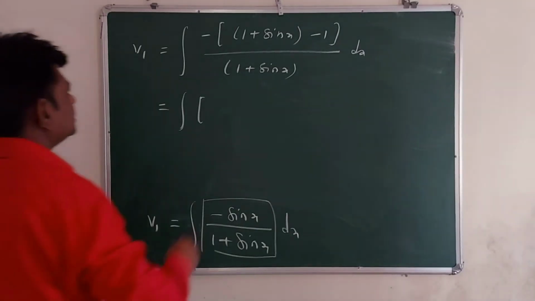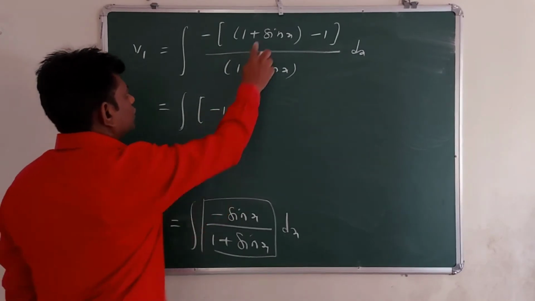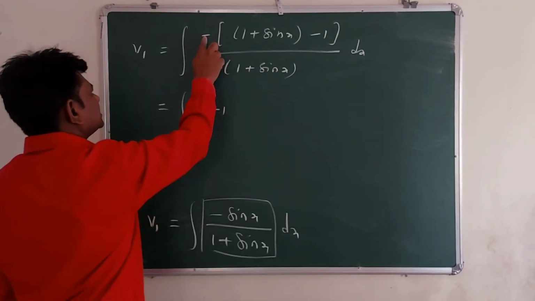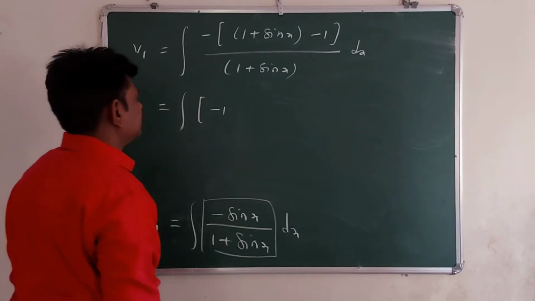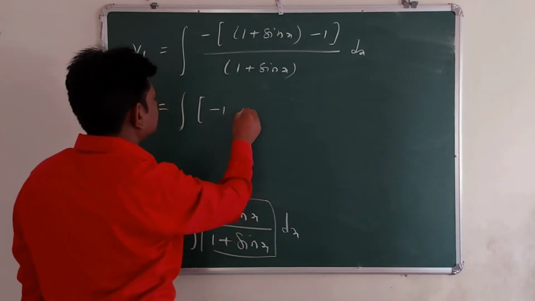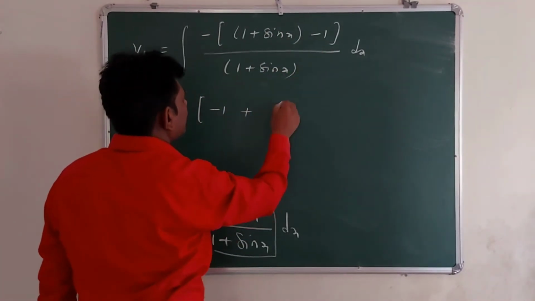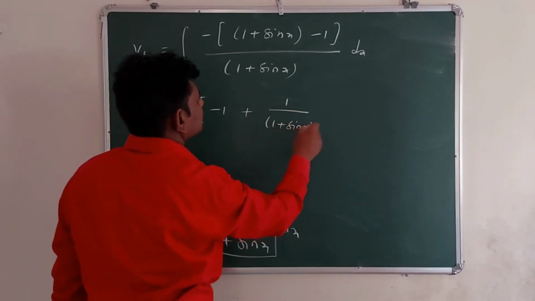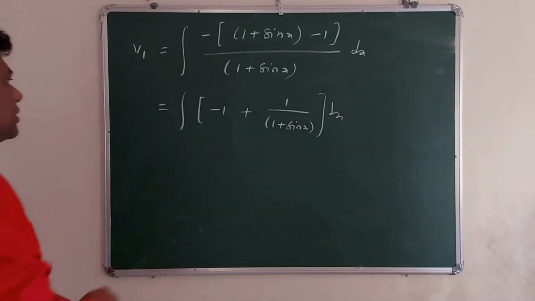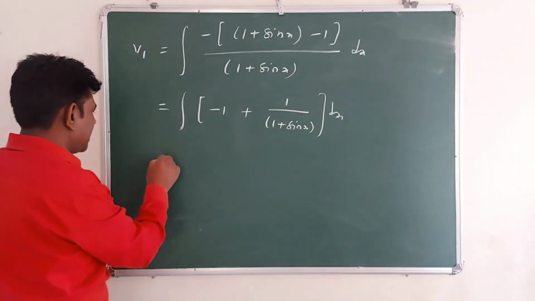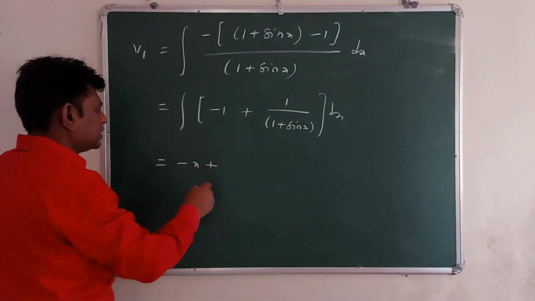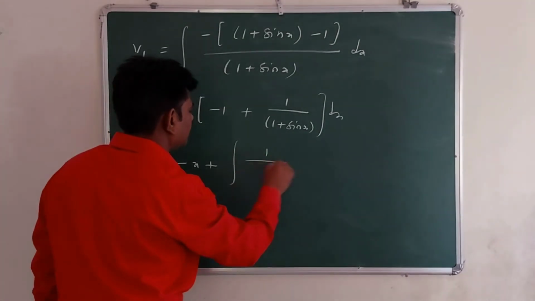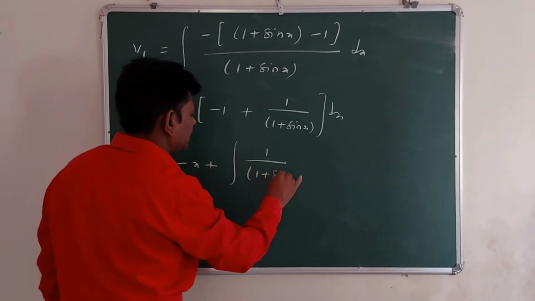The answer is minus 1, because 1 plus sin x and 1 plus sin x get cancelled, and this minus sign, now minus minus is plus. Plus this 1 upon 1 plus sin x dx. Now the integration of minus 1 is minus x, plus the integration of this 1 upon 1 plus sin x.